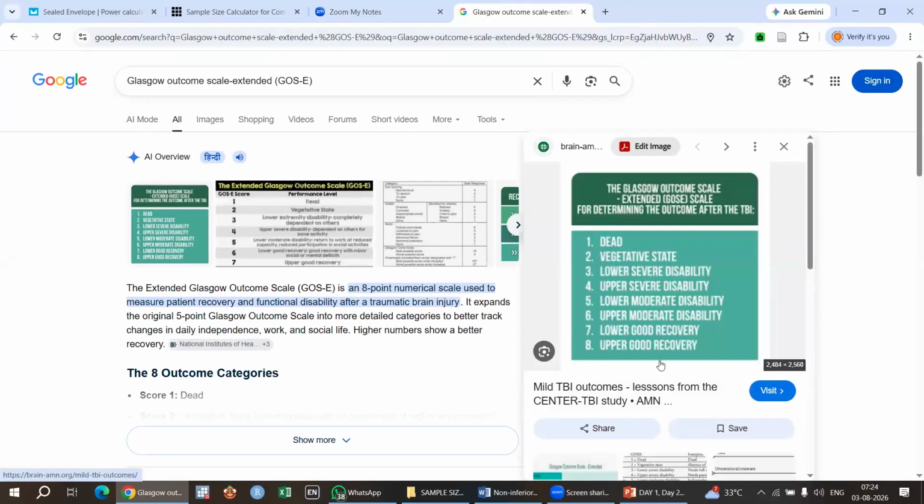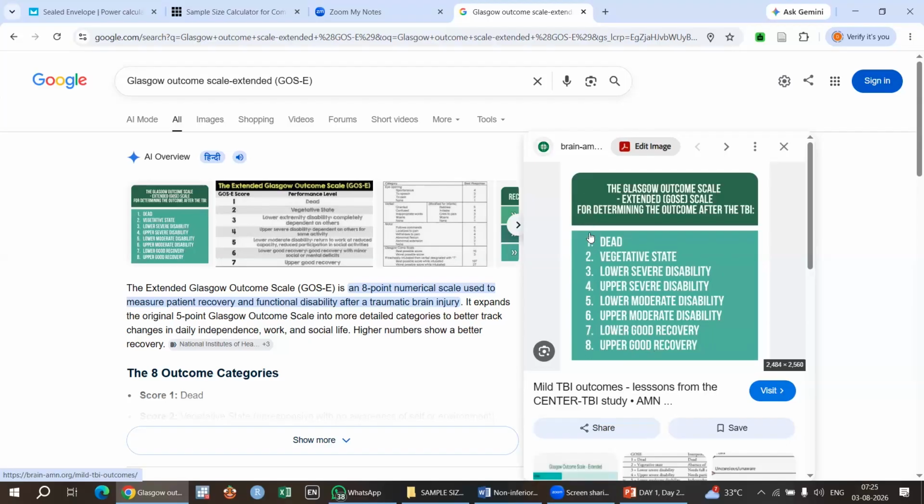You can see it. These are 1 to 8. 1 is dead, 8 is upper good recovery. So if the score is increasing, it means better. Increasing score is better. Okay? 1 is dead, 8 is good recovery. So when the score is increasing, it is better.